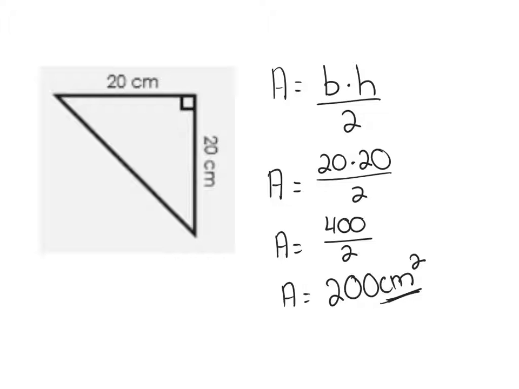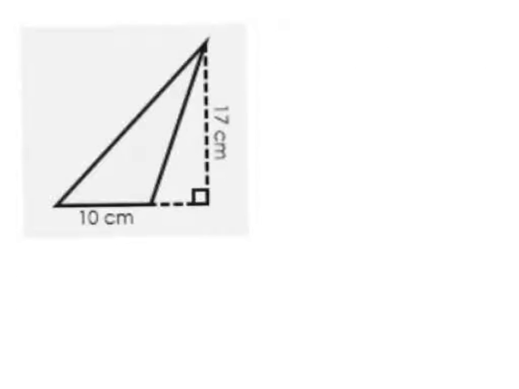Remember, label, label, label. This time in this triangle, you can see the height is on the outside, but this is still our height. This is our base, it's the bottom of the triangle, and this is our height. So once again, our area equals base times height divided by 2.